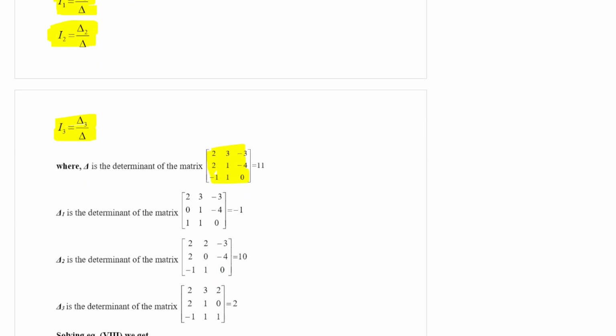So if you solve, it will come out to be 2 into (0 minus minus 4 into 1). This is the first term. Then the second term will be plus 3 into (minus 4 into 1 minus 0 into 0), so it will be 0.